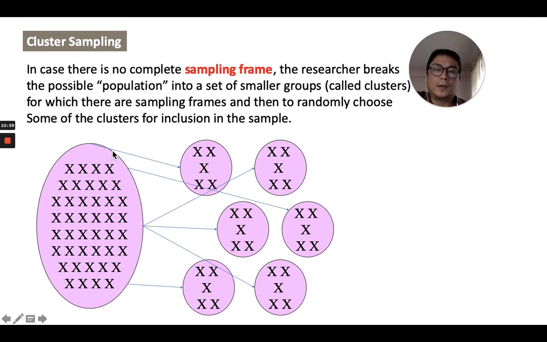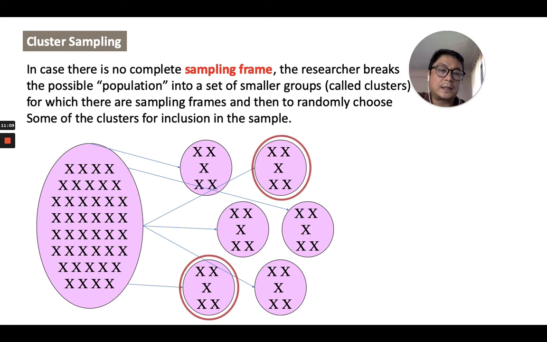Okay, so here, for example, in this larger population, we can identify 1, 2, 3, 4, 5, 6 clusters. Okay? And then from the 6, we randomly select 2 clusters to include in our study. And then within these clusters, we will randomly select our final sample.